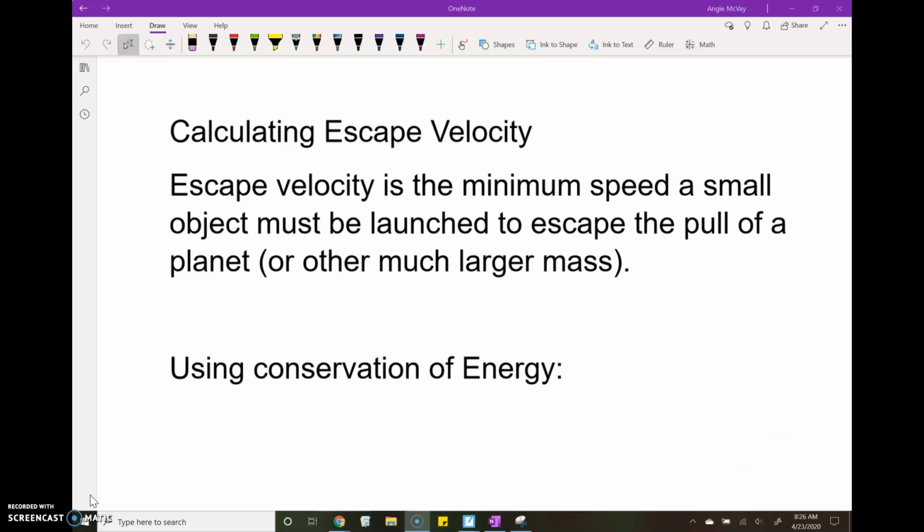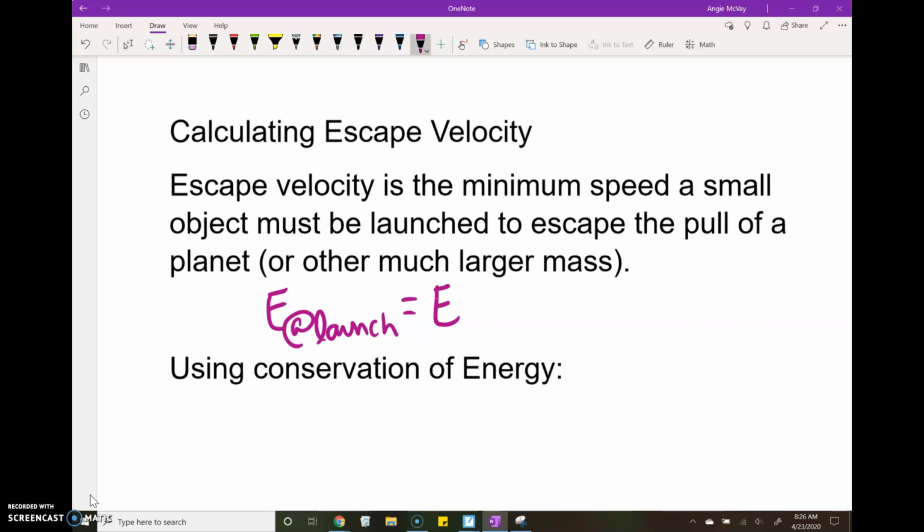Okay, so what we know in terms of conservation of energy is that the energy that our launched object has at launch must be equal to its energy at any other moment in time.